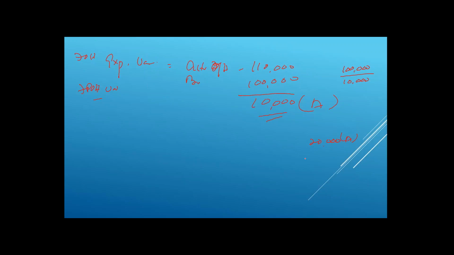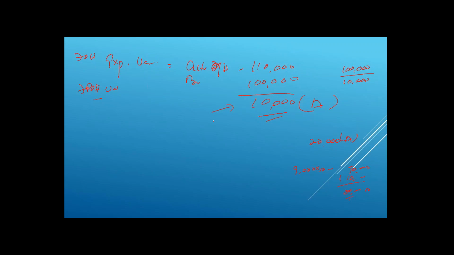How did we get the 20,000 adverse? Because we produced 9,000 units and we absorbed at the rate of 90,000. Actual expenditure was 110,000. So there was a 20,000 adverse variance. Of that 20,000, we know 10,000 is expenditure variance. That means we have overspent 10,000.